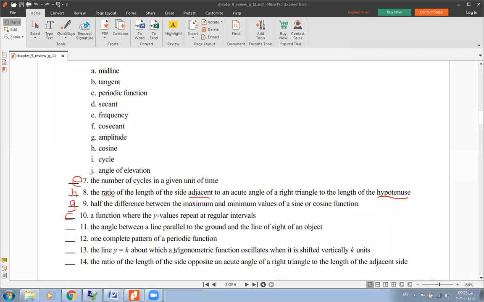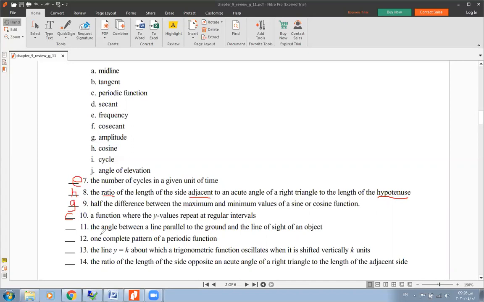Okay, we're going to Rakan. Rakan, can you read number 11, please? Yes, the angle between a line parallel to the ground and the line of sight of an object.